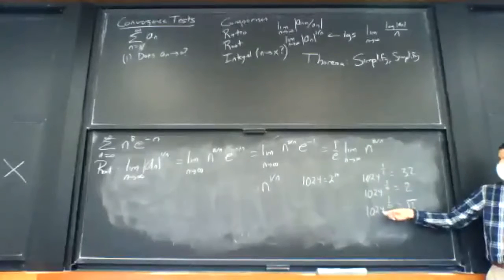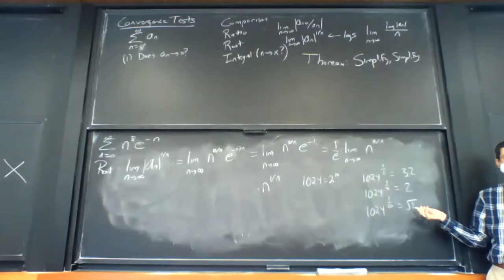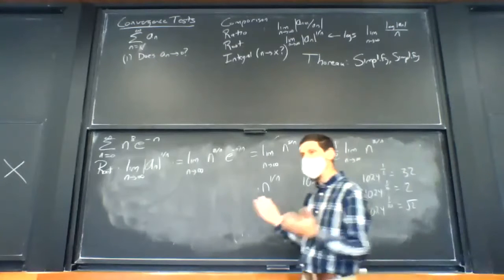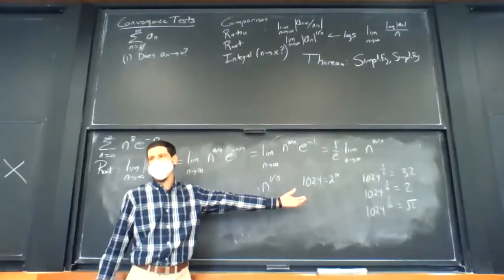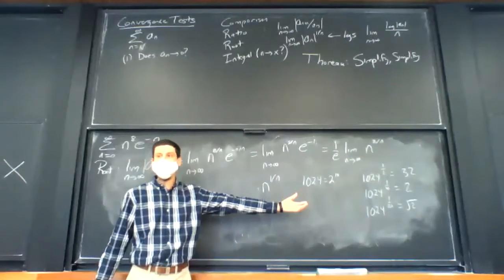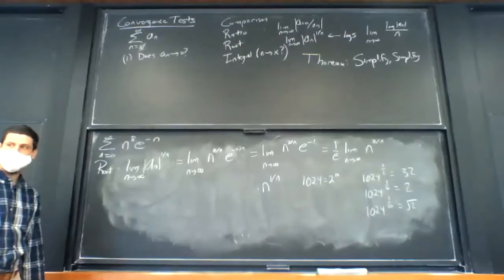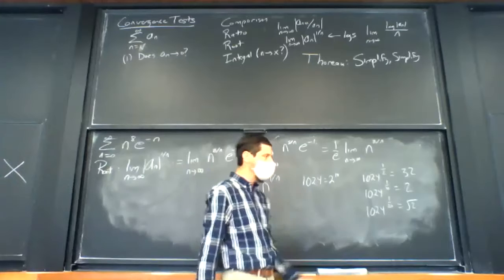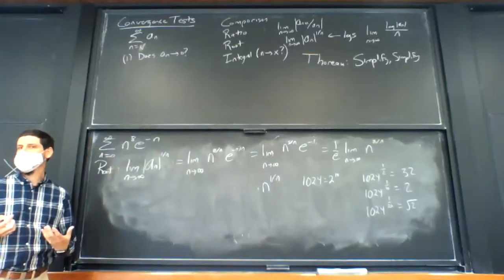We're trying to get up to 1024 to the 1 over 1024. Already at 1 over 20th, we're at the square root of 2. You can hopefully see that when you're taking this really high root, it's crashing the number towards 1. This is not a proof that it goes to 1, but it's at least giving you some evidence. So we want to calculate the limit as n goes to infinity of n to the 1 over n. How could we study this?